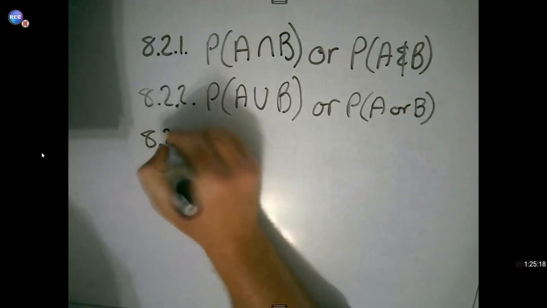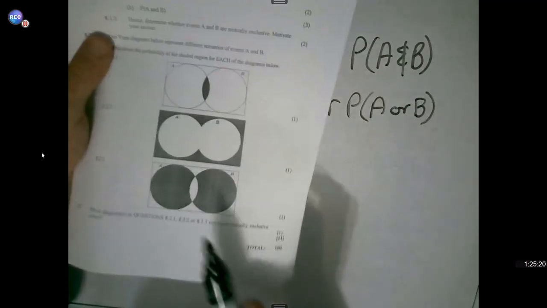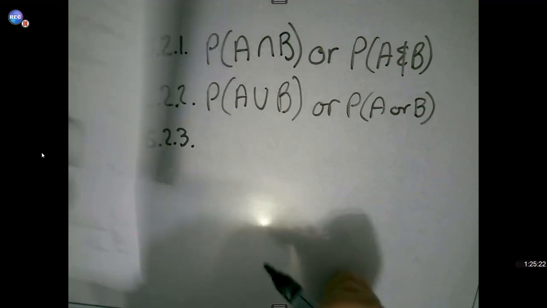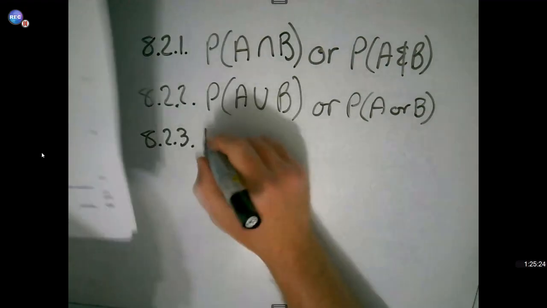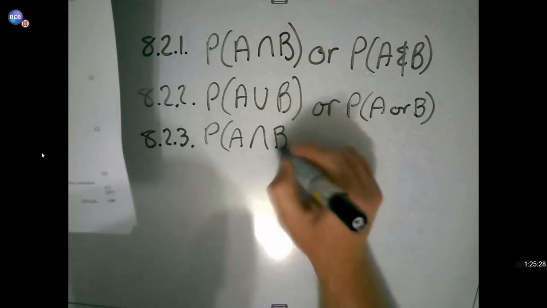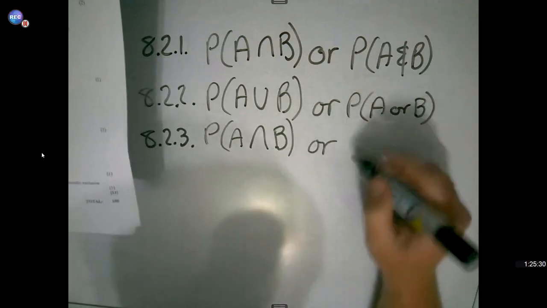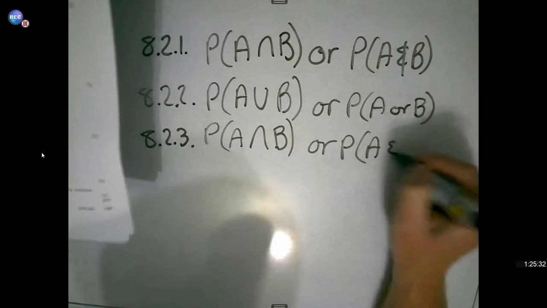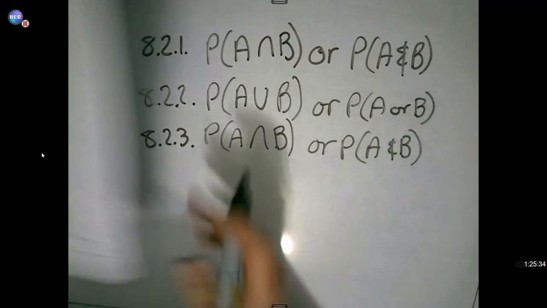Then 8.2.3, it's the one at the bottom here. The probability there would be intersection again. So A intersection B, or you could write A and B in this case.